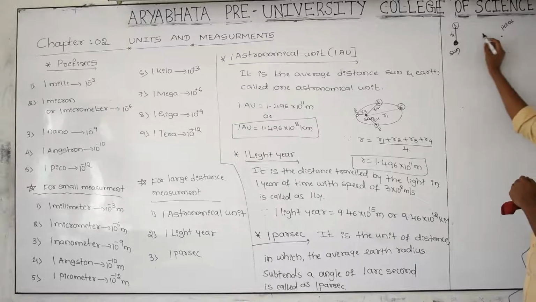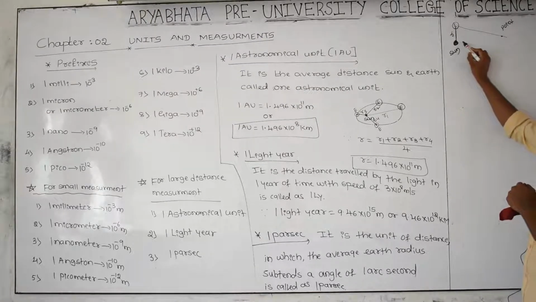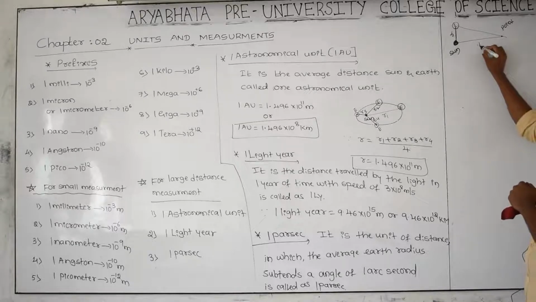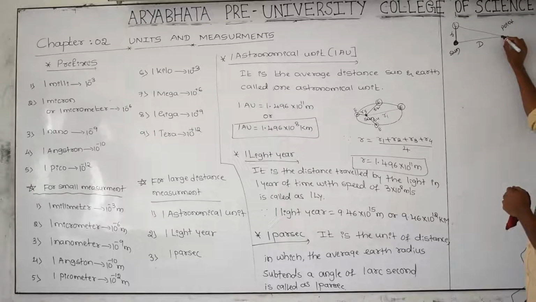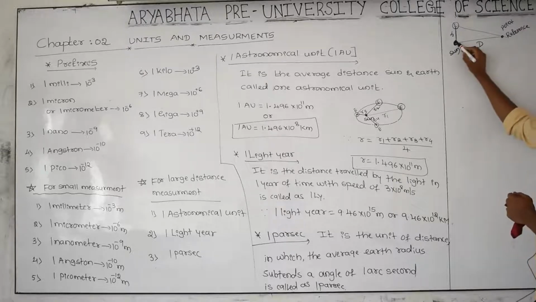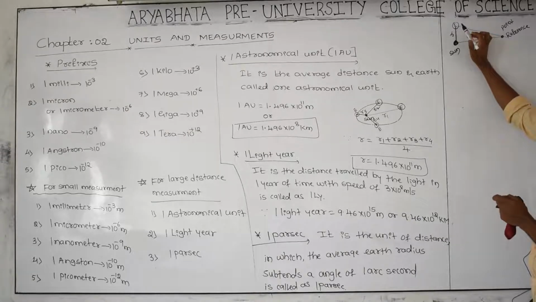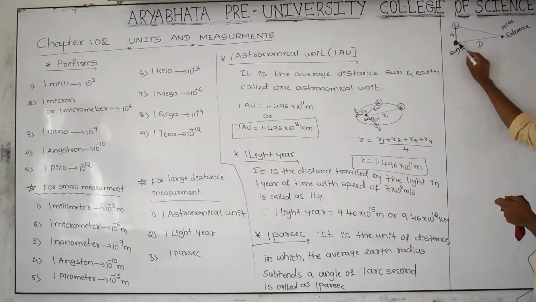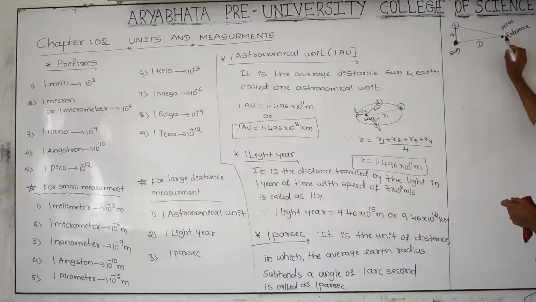From the sun I am taking one line, and this distance I am taking as capital D. The distance between the sun and the earth is small r, and D is the distance between the sun and this object. And let us take this angle as theta.